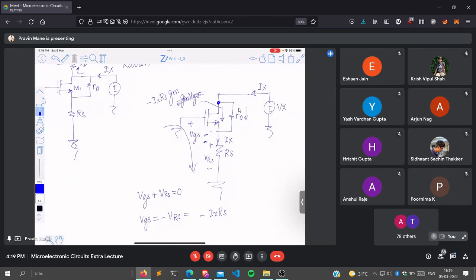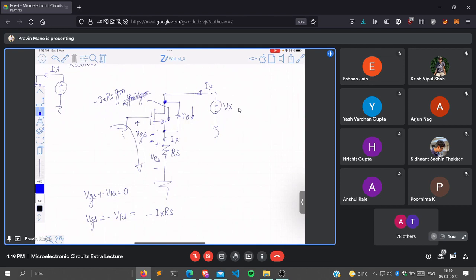Vx. So can I write the current flowing through RO is Vx minus Ix RS divided by RO?